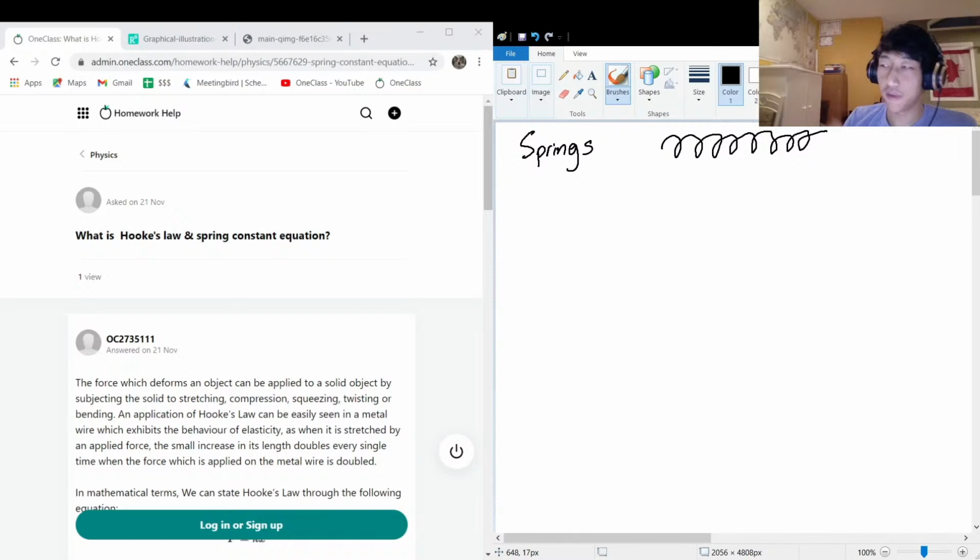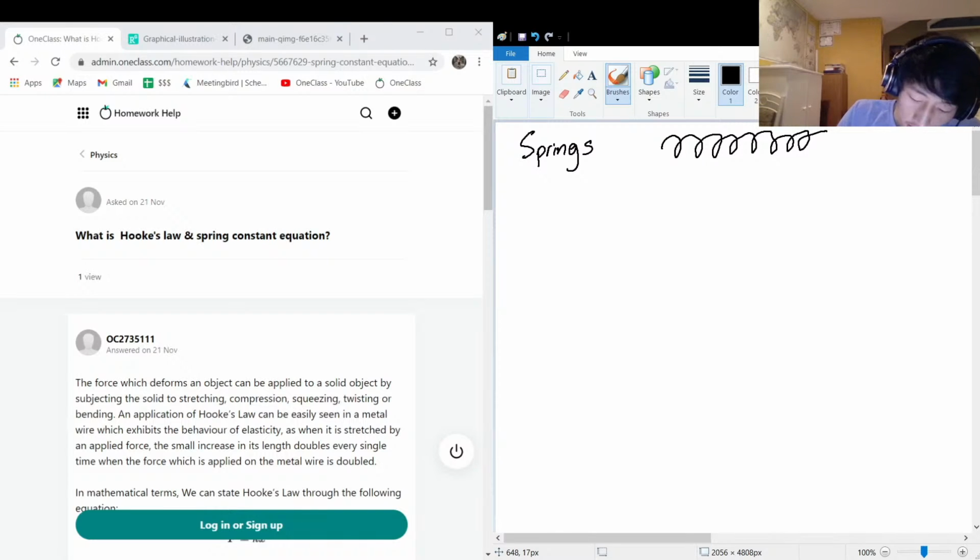And we know that if you push on a spring, if you compress a spring, try this at home. If you got a mechanical pencil, if you try to push it down, the spring is trying to resist against you. It's pushing back on you when you push down on a spring.